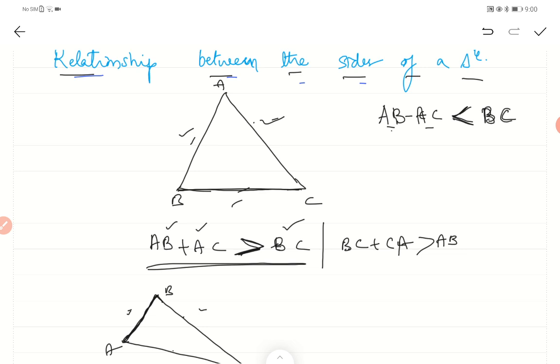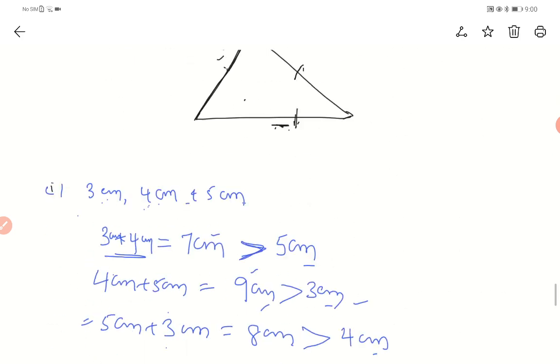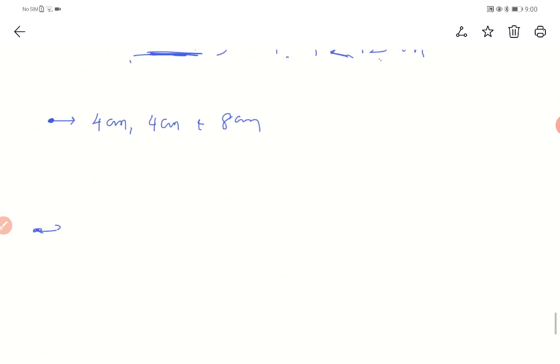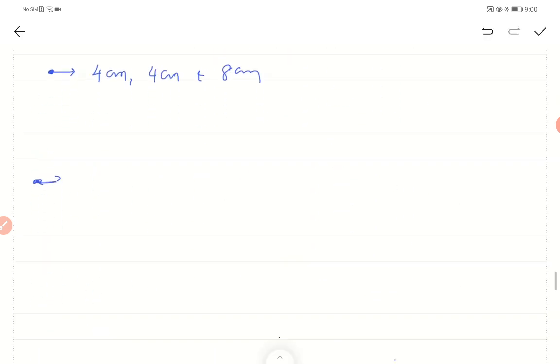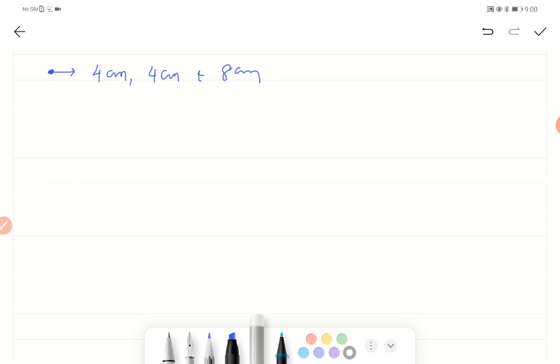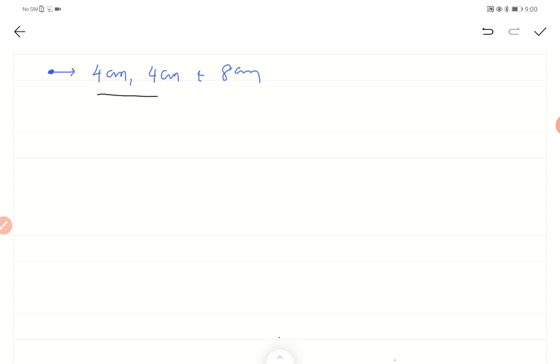We had seen some examples on this, and let me take one more example. If I have the measurements 4 centimeter, 4 centimeter, and 8 centimeter, can I construct a triangle using these measurements? Let us check. First, addition.